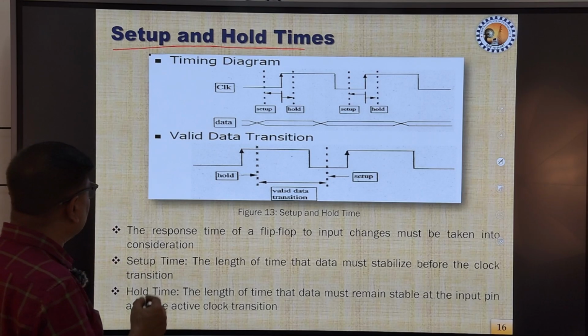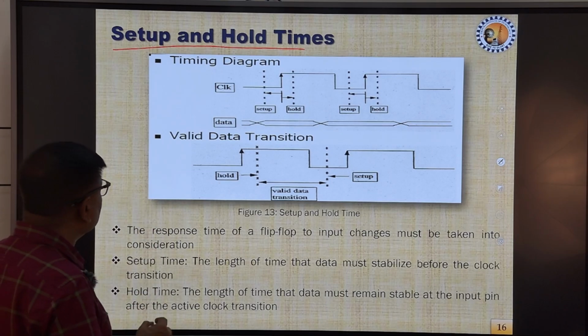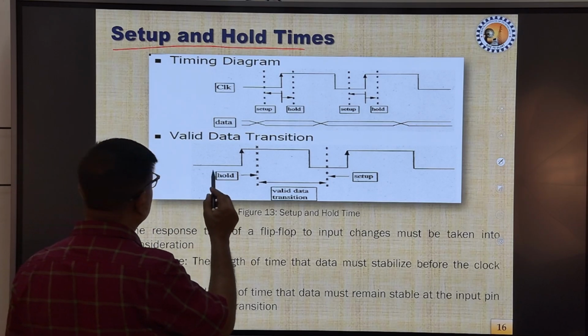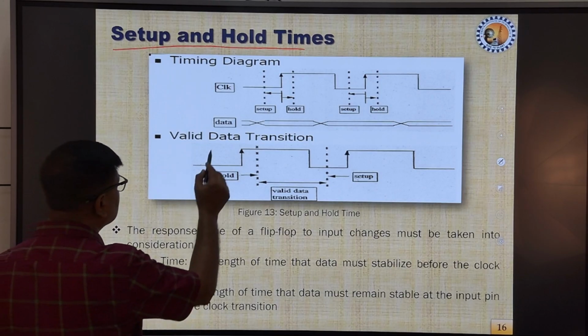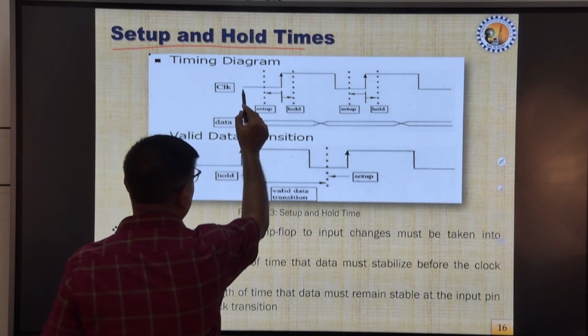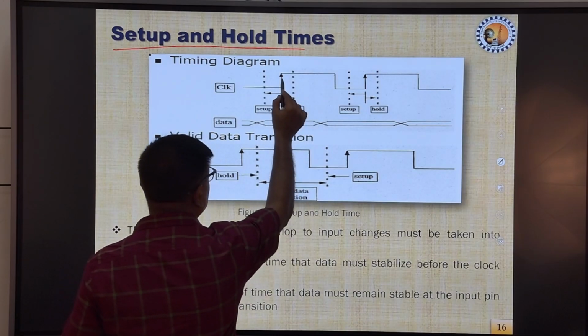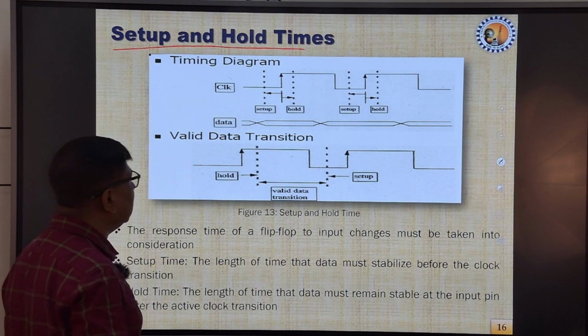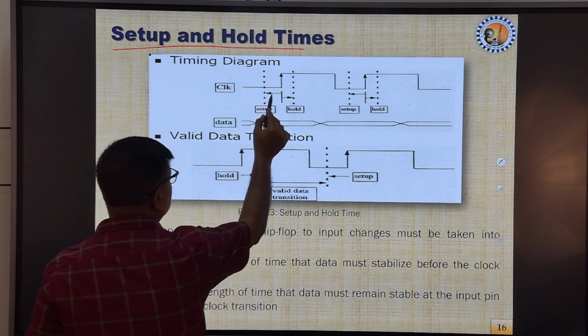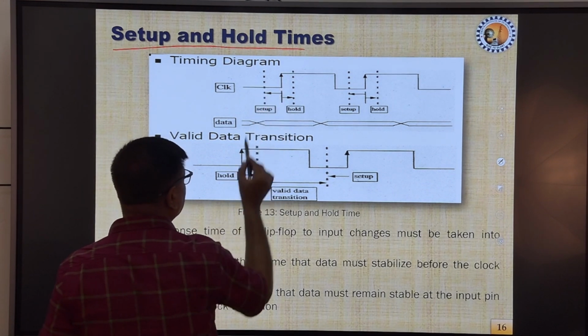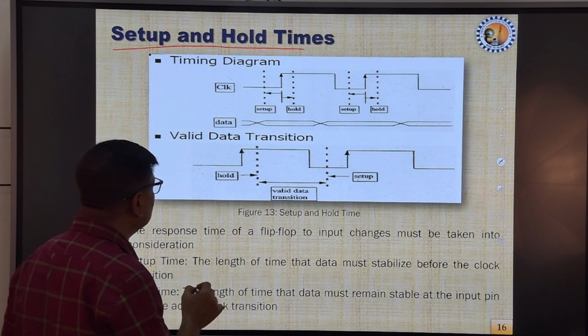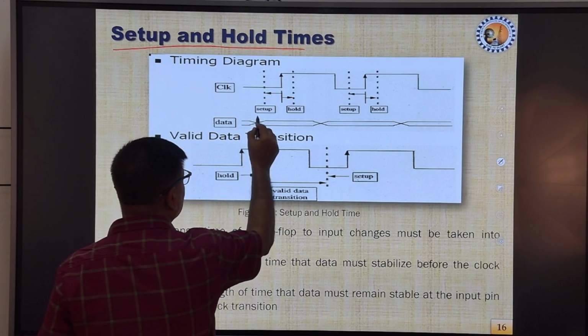So, the timing diagram explains the setup time and hold time. As you can see, this is the clock signal we are applying. Here a positive edge appears. So, before the positive edge appears in the clock input, we need to make the data available.